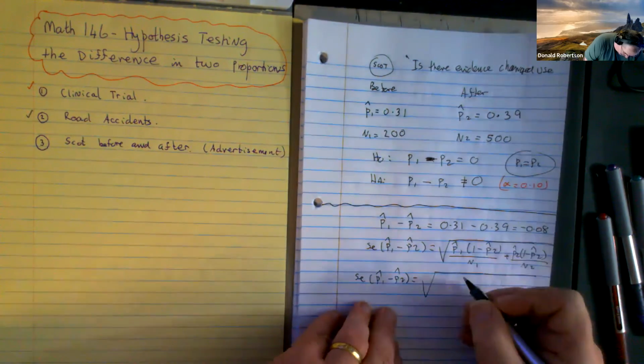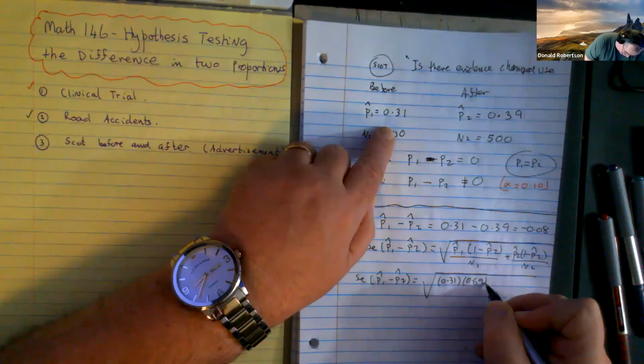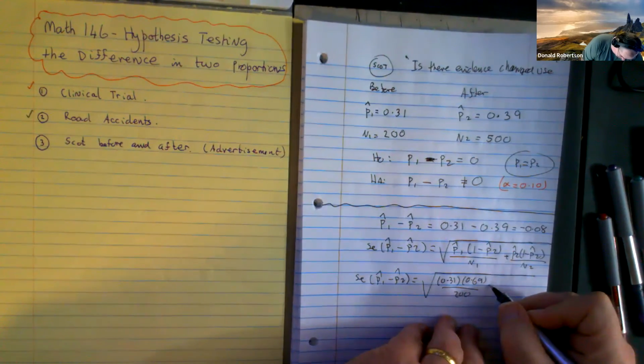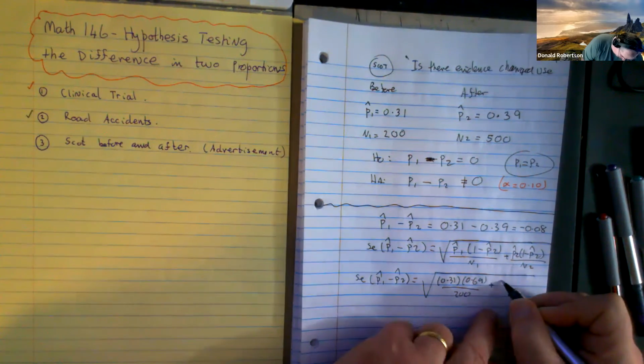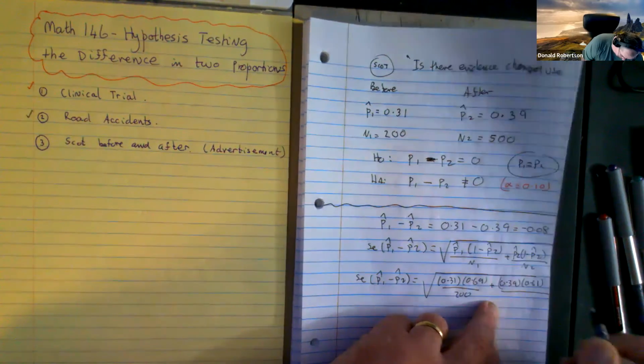So 31, 69 over 200, and it's 39, 61 over 500.